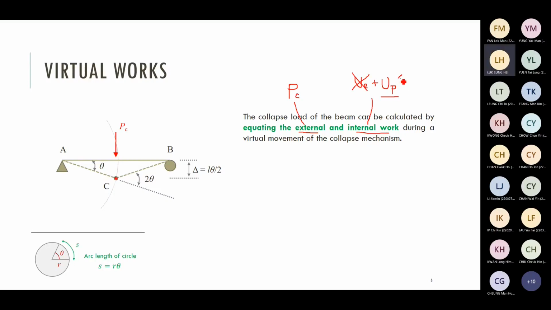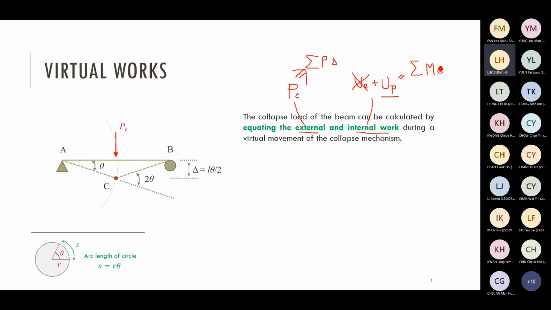How to calculate the work done due to the plastic hinge? What is work done? Work done due to a concentrated force means force times the corresponding displacement. Force times displacement delta gives you work done. The work done due to a moment is equal to the moment times the rotation.